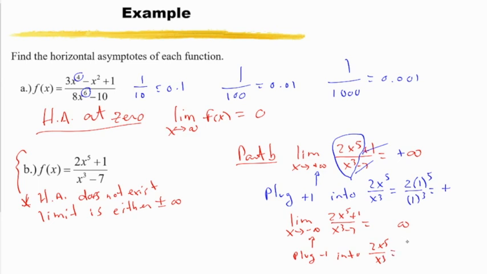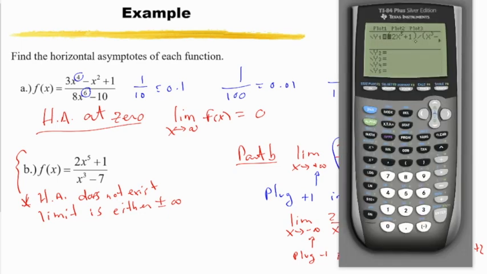And we see that gives me 2 times negative 1 to the 5th over negative 1 to the 3rd, which, a negative to an odd exponent is negative. So we have negative 2 over negative 1, which is positive 2. That means whether we're going to positive or negative infinity, this graph is going to positive infinity for the y values.